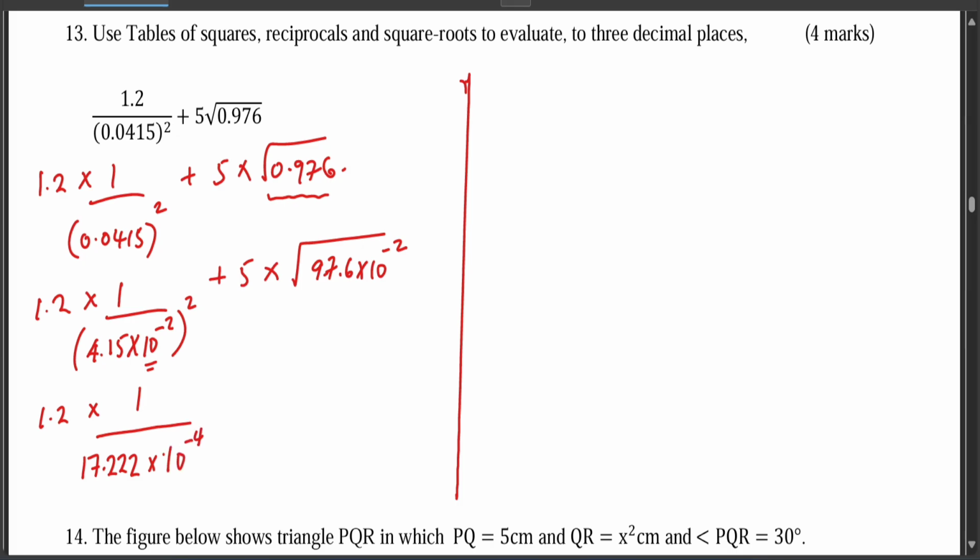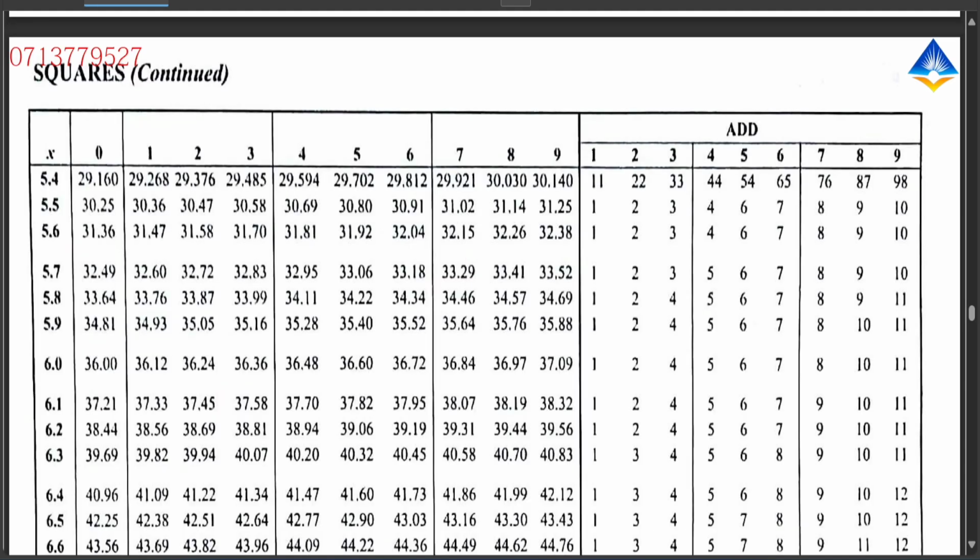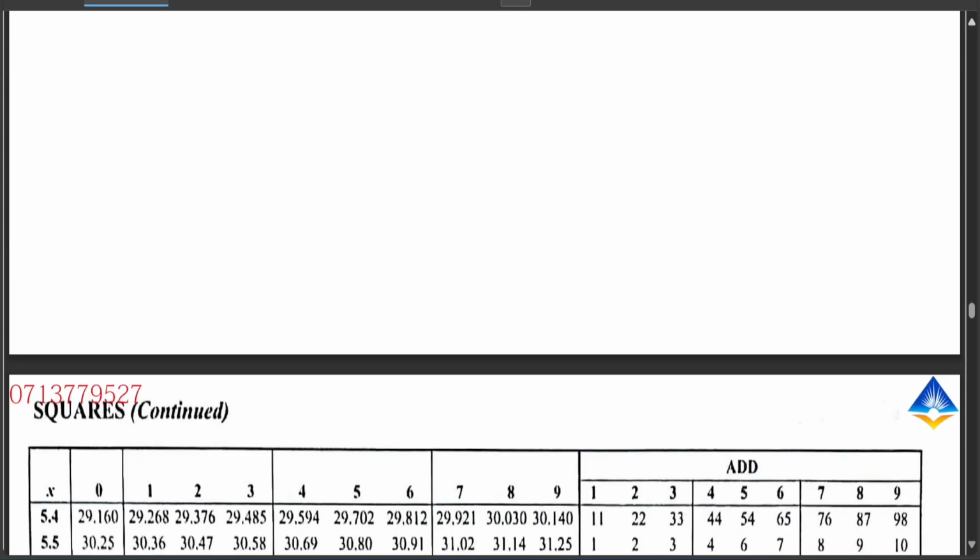You just multiply the powers, negative 2 times 2, plus 5 times the square root of 97.6. You can confirm the square, but in this 4-figure table we don't have the page for 1 to 5.